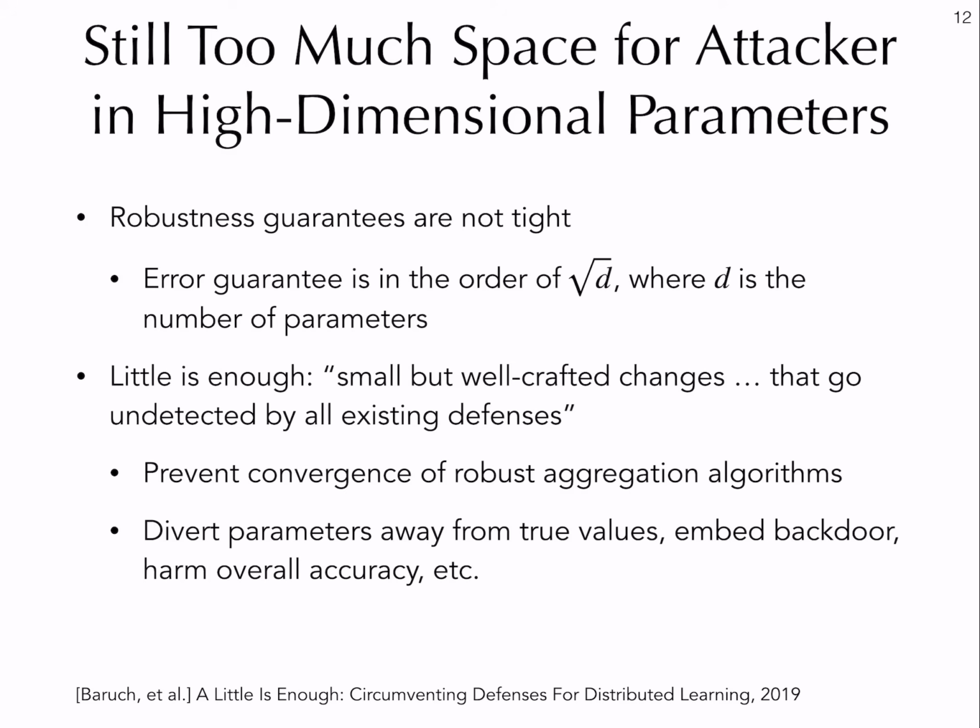So this would leave a lot of space still for the attacker to manipulate all the models by changing the model parameters gradually. The attacker can prevent the convergence of robust aggregation algorithms or just completely divert the parameters away from the optimal values, or embed some adversarial backdoors into the models.